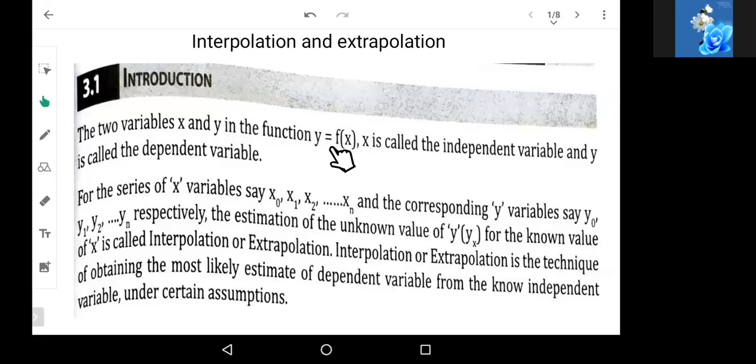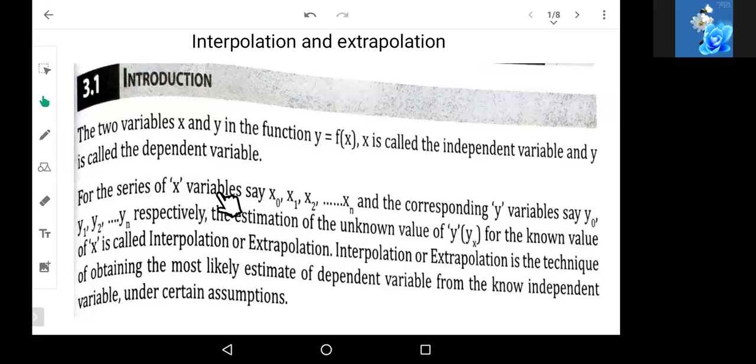It will not get influenced by anybody. It is a independent variable. And y is a dependent variable. Y is depending on x to derive its value. Now next, for the series of x variables, x will have a series. It will have some continuous numbers.